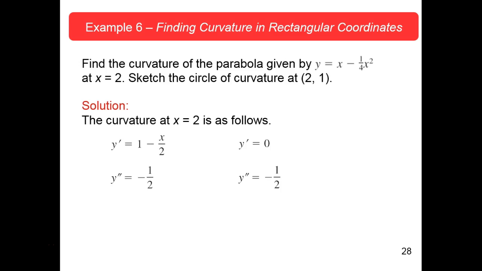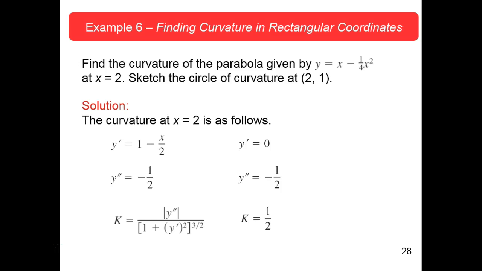Now your y prime at 2 would then be 0. Y double prime at 2 is always minus 1/2. It's not changing any. Okay. Your curvature is the magnitude of your second derivative. Second derivative is minus 1/2, so its absolute value would be 1/2.